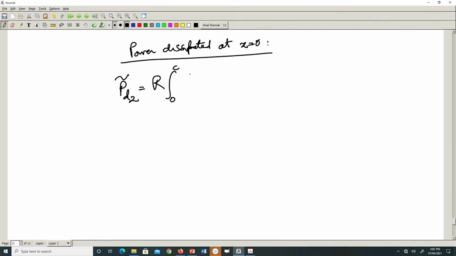That is R integral 0 to c, 0 to b, mod h y square plus mod h z square dy dz.